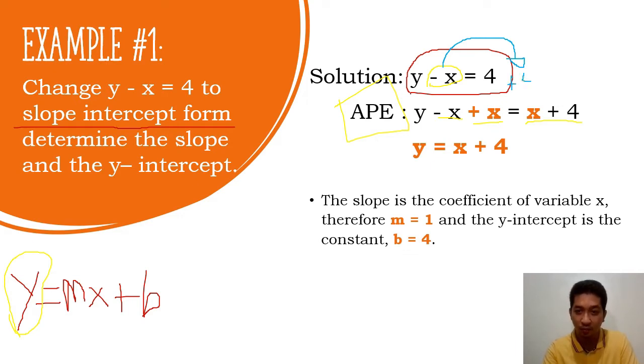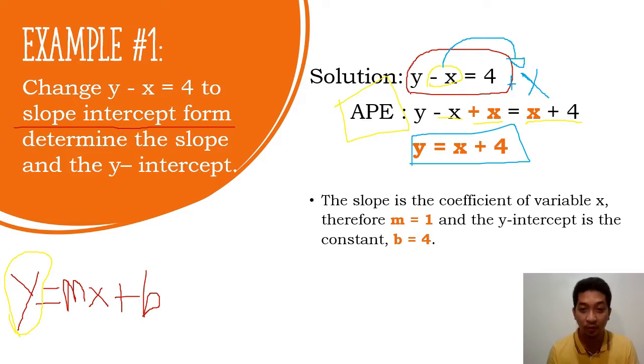It will still give you y is equal to 4 plus x, or just simply y is equal to x plus 4. So this will be your final answer. Y is equal to x plus 4.